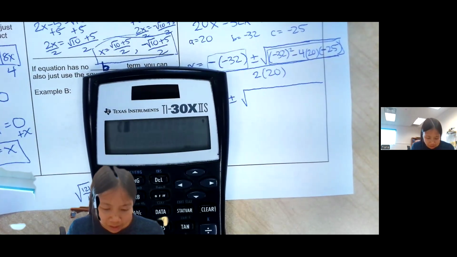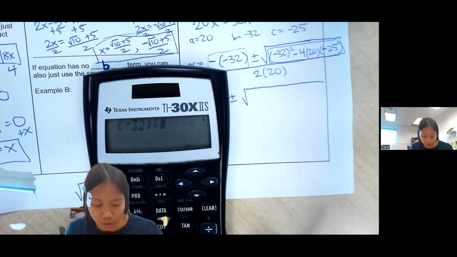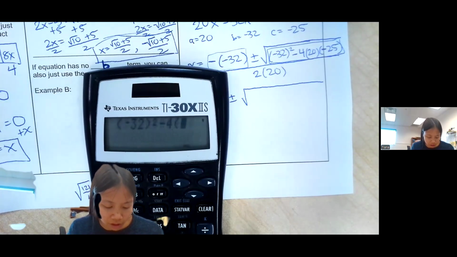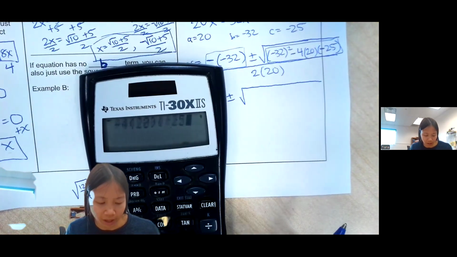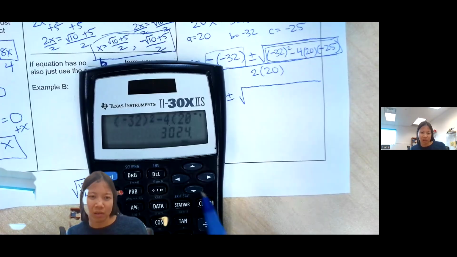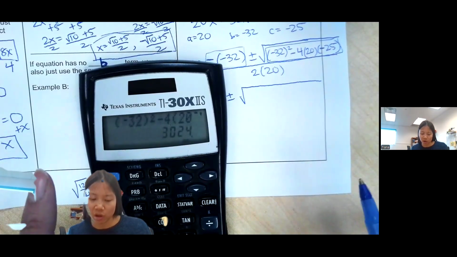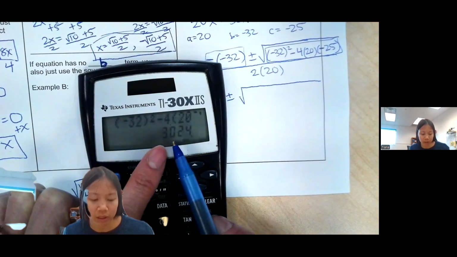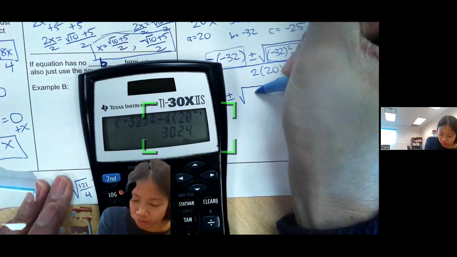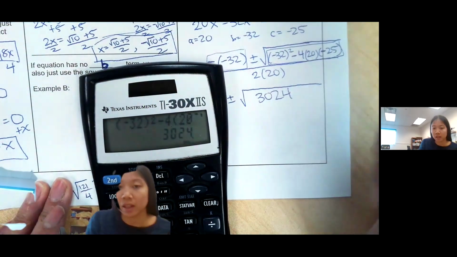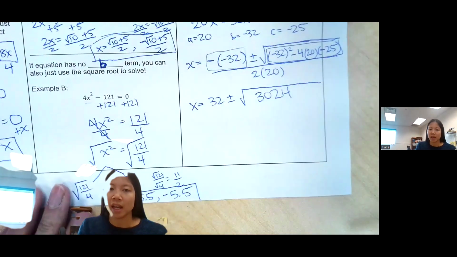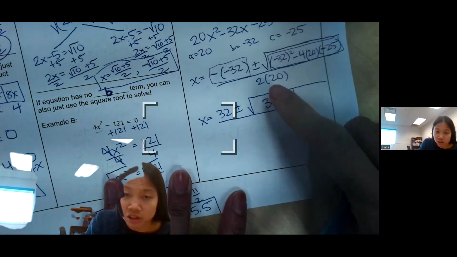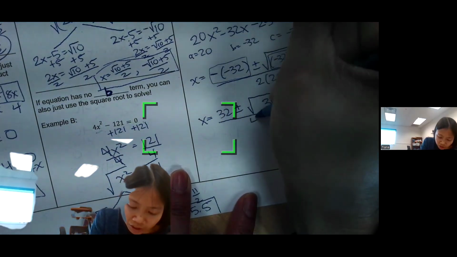I can type in parentheses, negative 32, close parentheses, squared, minus 4, parentheses 20, and then another parentheses, negative 25. All right, so under my square root, which is also called the discriminant, that's a fancy word for it, I get 3024. I just turned all of that into 3024. And now we're going to divide that by 2 times 20, which is 40.